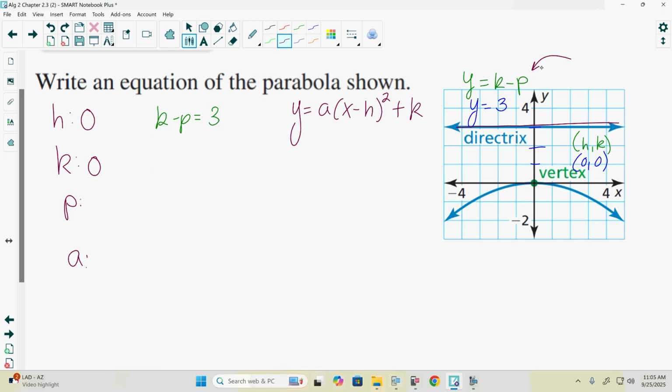Now to find p, k minus p equals 3, k is 0. Well, 0 minus p is just negative p. To make p positive, we can either multiply or divide by what? Negative 1. Telling us p is equal to negative 3.